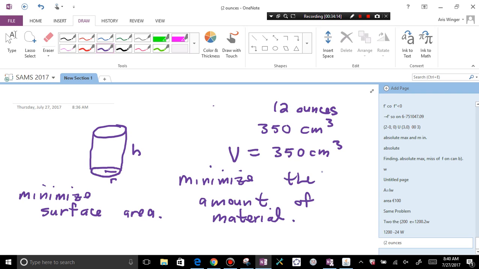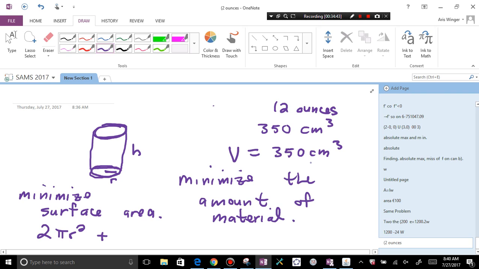We need the surface area of a cylinder. That would be the area up top plus the area down bottom. So that's pi r squared, and there are two of them. And then you can make a rectangle out of the rest of this if you want.